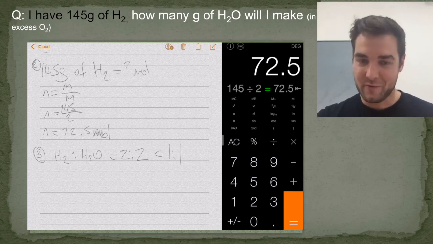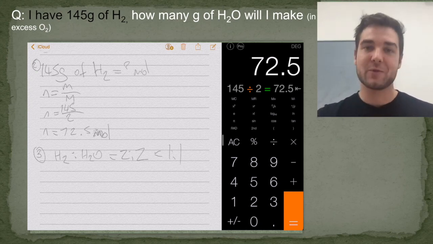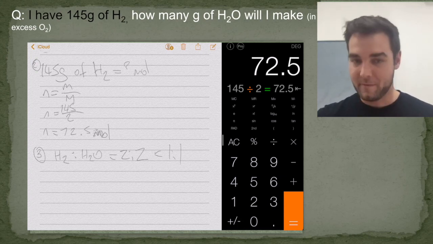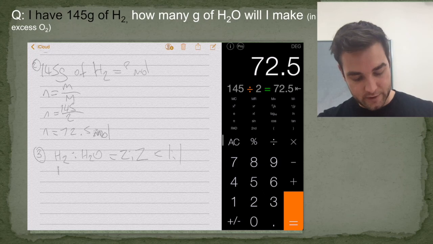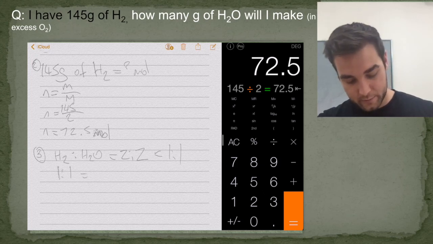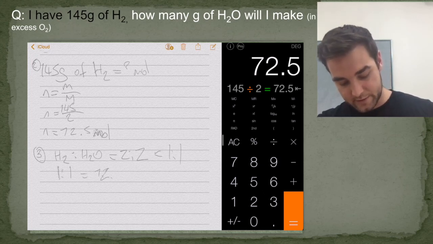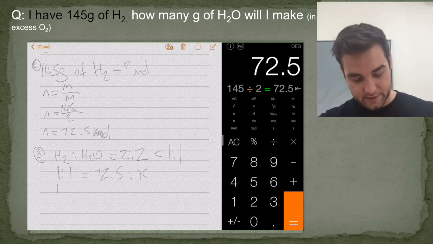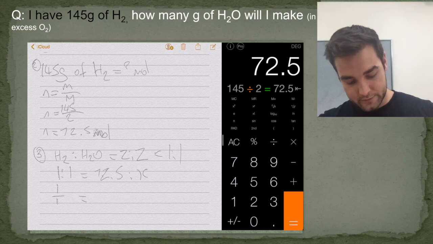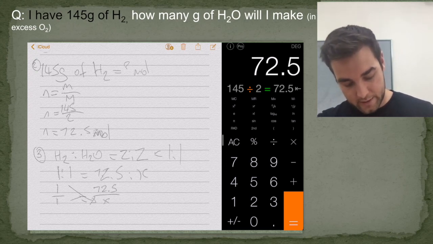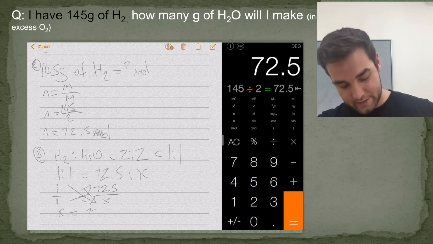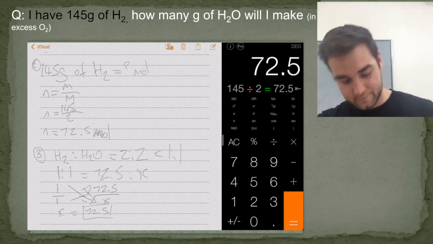The answer is 72.5 because it's 1:1, but let's go through the whole rigmarole of dividing things using the method that I taught you. So 1:1 is going to be equal to 72.5 is to x. So 1 divided by 1 is equal to 72.5 is to x, cross multiply. X equals 72.5. Okay, great.